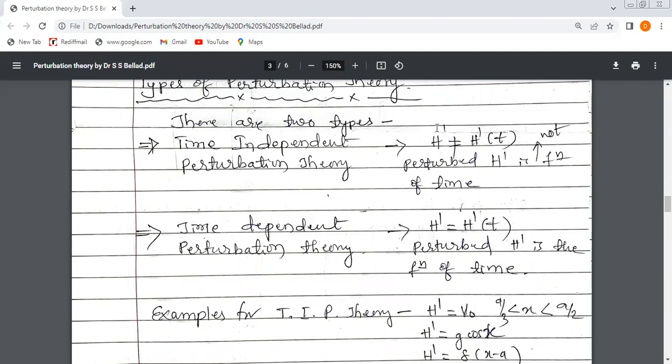So the total Hamiltonian of the system is represented as H is equal to H naught plus H dash, which I have not written here.